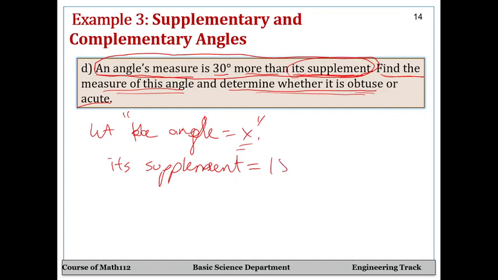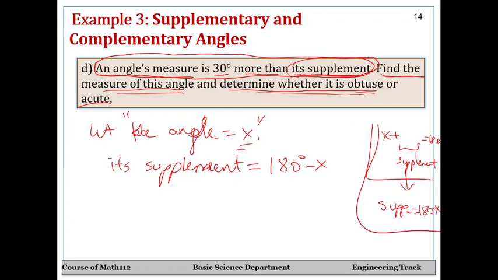So it has to be 180 minus x. You can say x plus its supplement will be equal to 180. So you can send x to the other side, and the supplement will be 180 minus x. This is how you can think here.